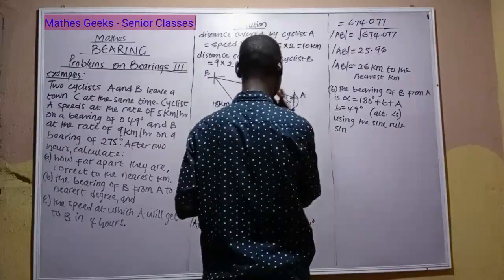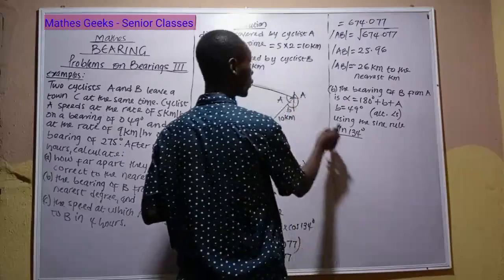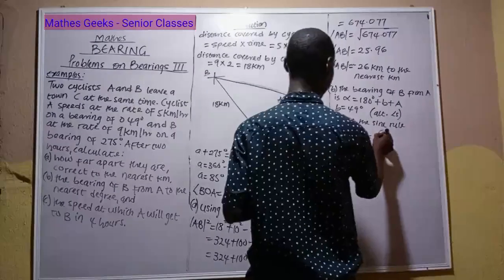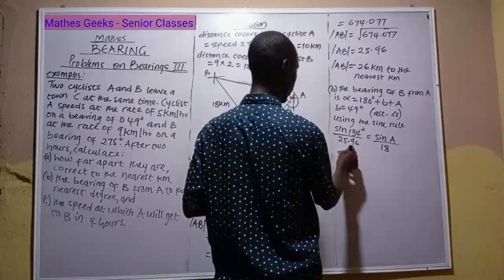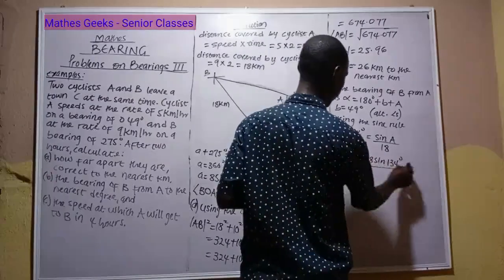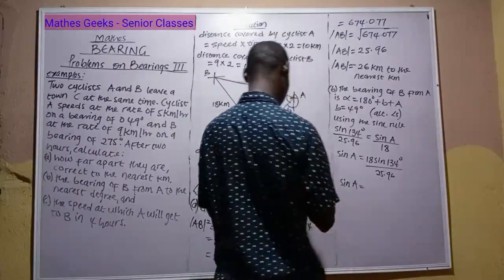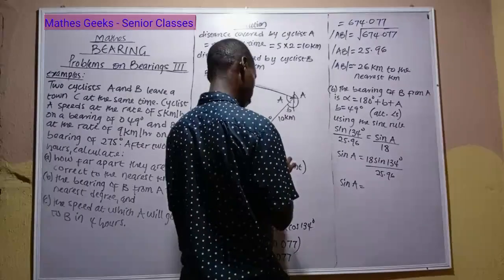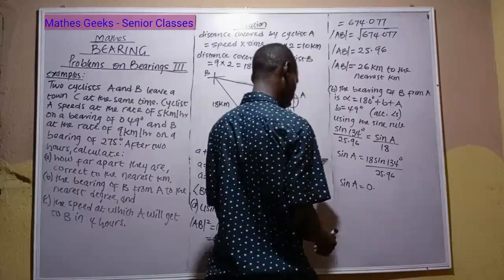So using the sine rule to get angle A, sine 134 degrees over 25.96 is equal to sine E over 18. So sine E is equal to 18 sine 134 degrees divided by 25.96, which is 0.4988.